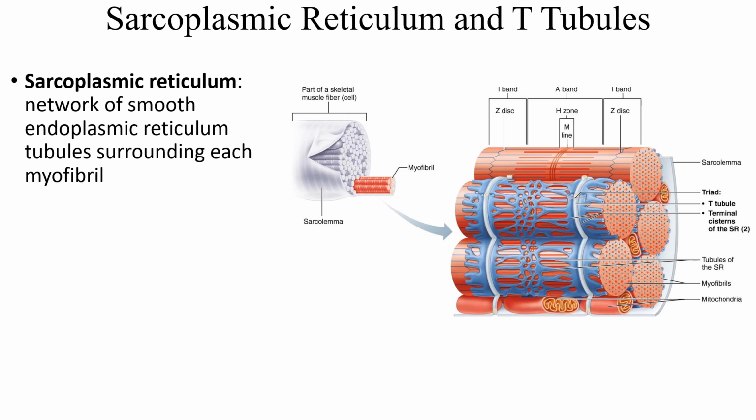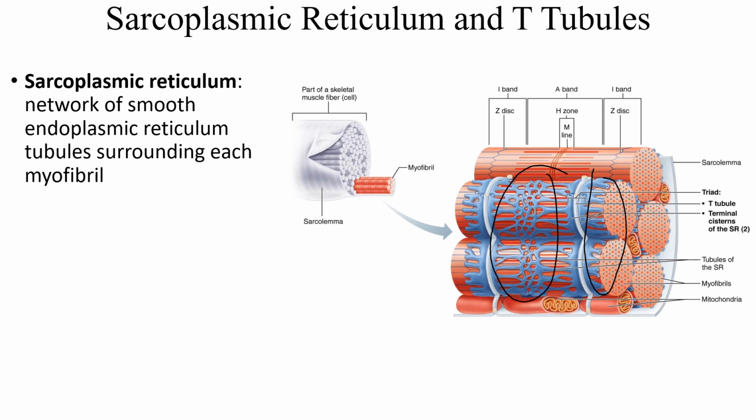All right, so the last little structural thing we're going to talk about for today, and then in the next lecture, we'll start to move on to actual contraction. But we need to talk about the sarcoplasmic reticulum and the T-tubules, because these are going to play a huge role in how the actual muscle contraction is going to take place. So the sarcoplasmic reticulum is going to be these blue structures, okay?